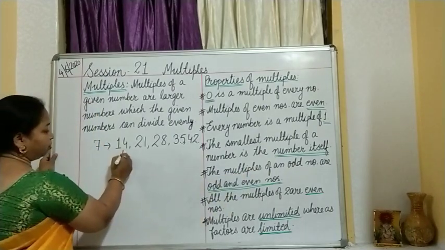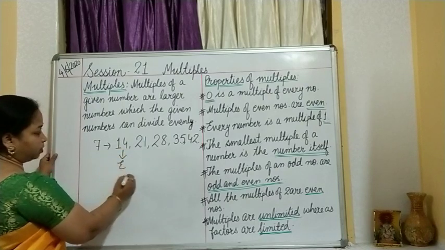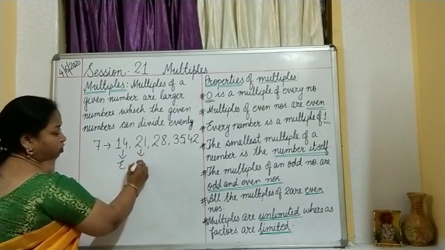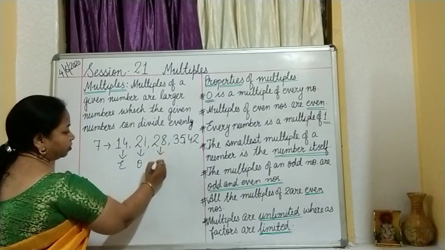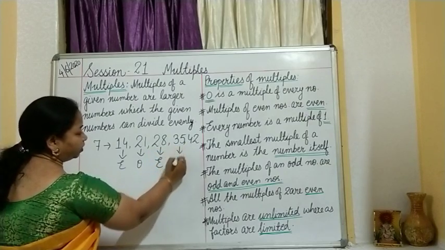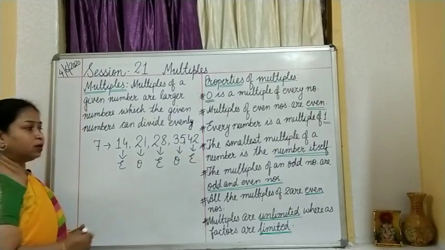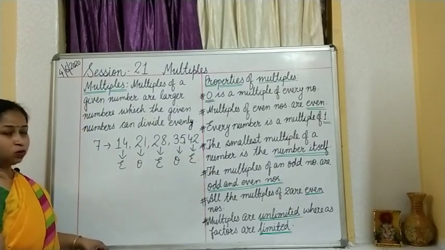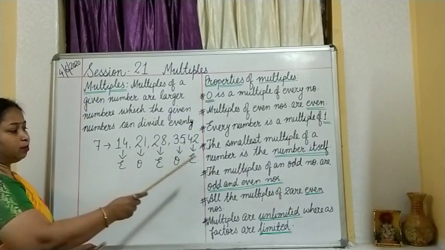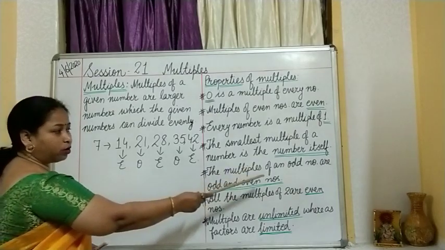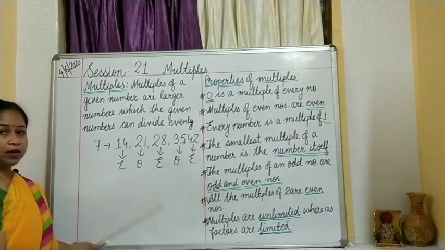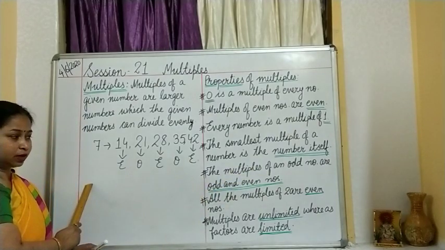What is 14? 14 is an even number. What is 21? It is an odd number. What is 28? Even number. What is 35? Odd number. 42? Even number. So the property is justified over here that the multiples of an odd number are odd and even numbers. So this example is clear.